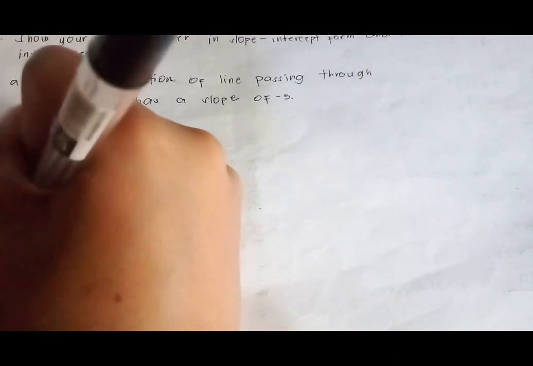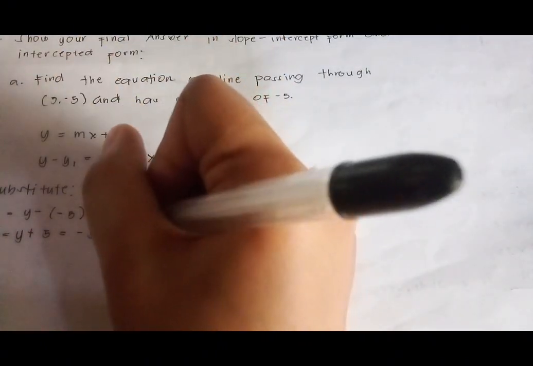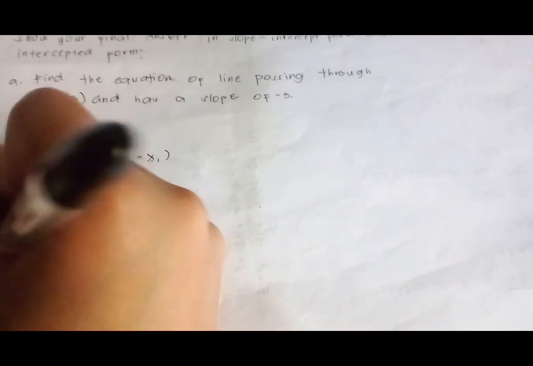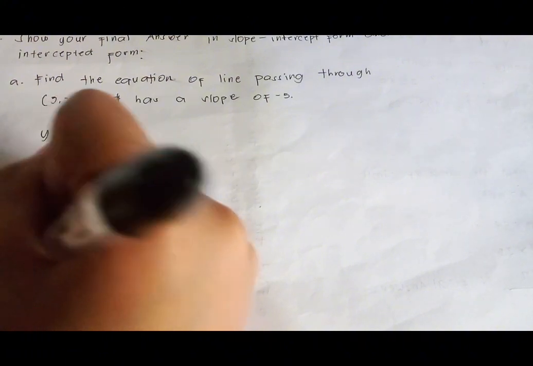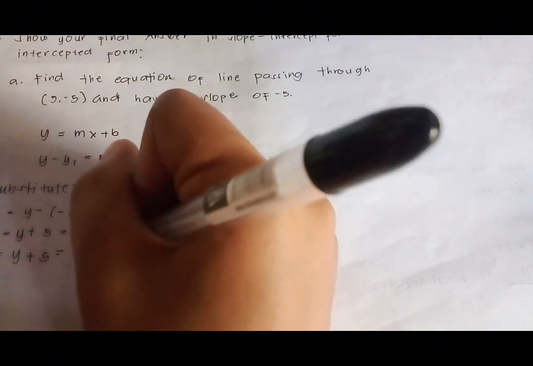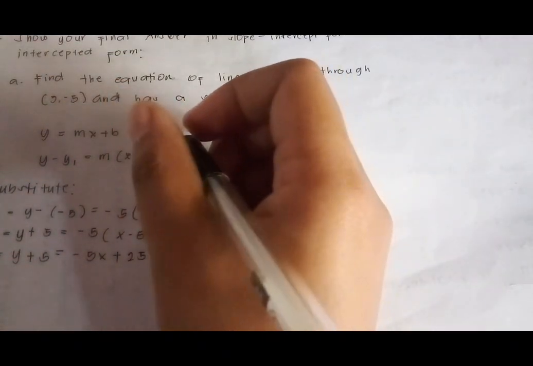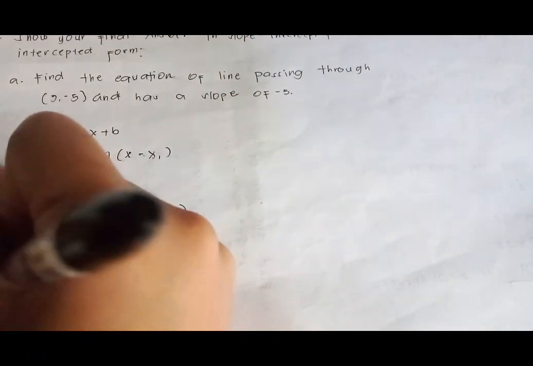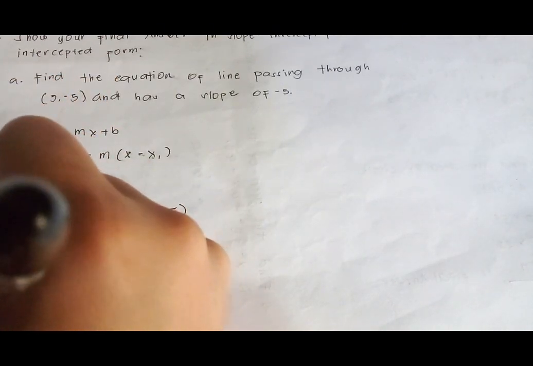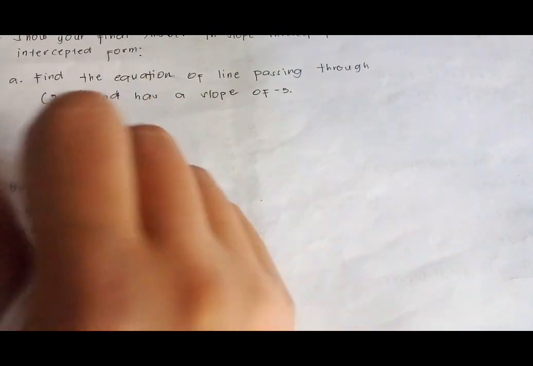So, y plus 5 is equal to negative 5 times (x minus 5). Y plus 5 is equal to negative 5x plus 25. So, y is equal to negative 5x plus 20.